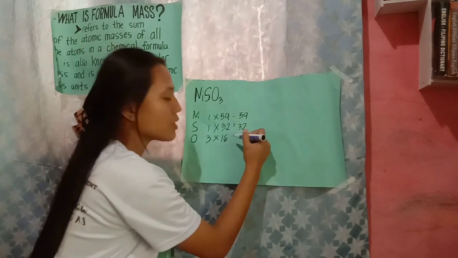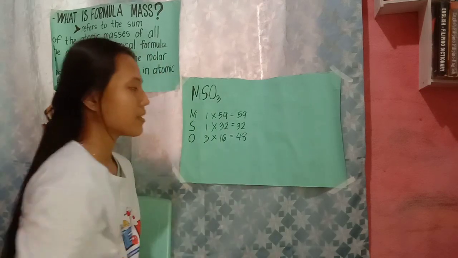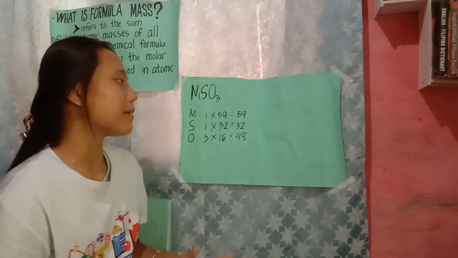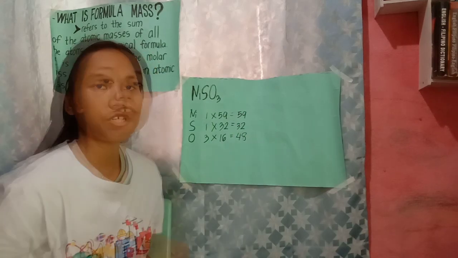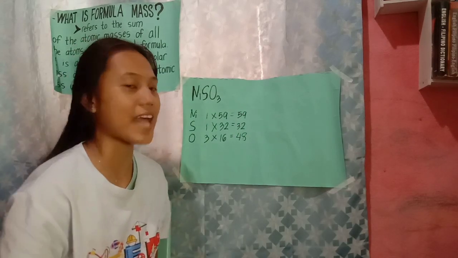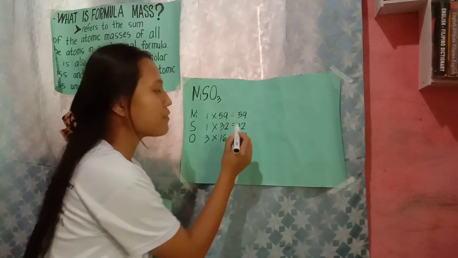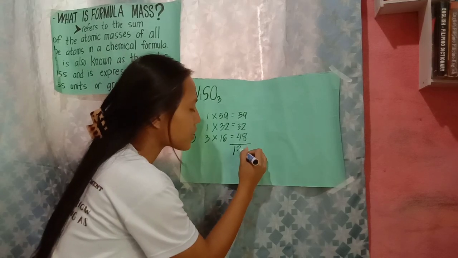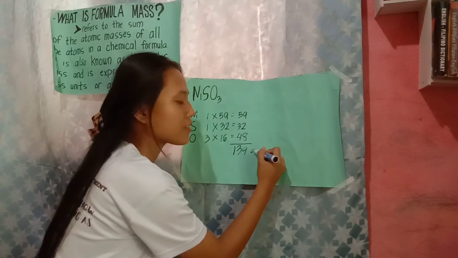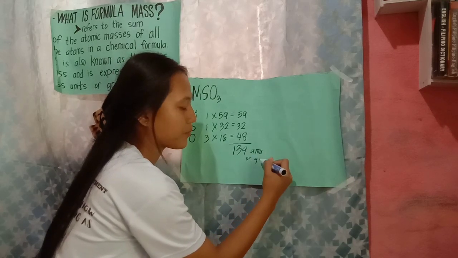Then 3 times 16 is equal to 48. The next step is to add these results to finally get the formula mass. So 59 plus 32 plus 48 is 139 atomic mass units or grams.